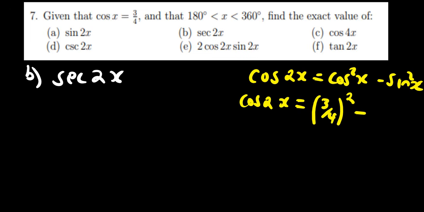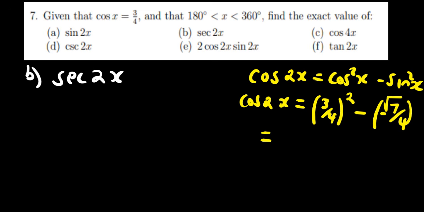Sine squared x, I think that was the square root of 7 over 4? Yes, so we found that, so we are going to put it here. It was negative, don't forget, because of the quadrants, the square root of 7 over 4. Then our job is just to solve this.